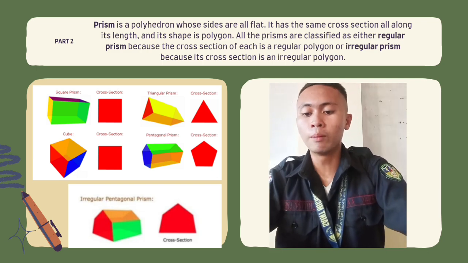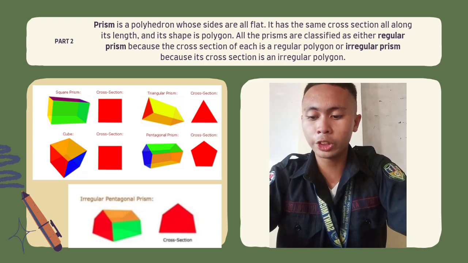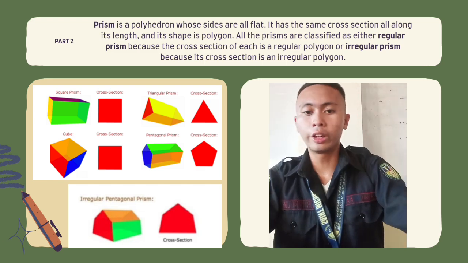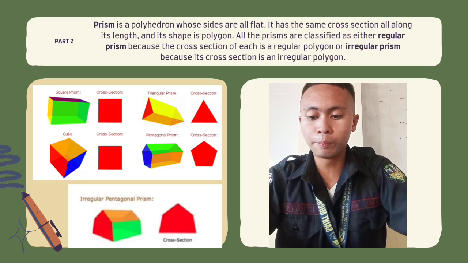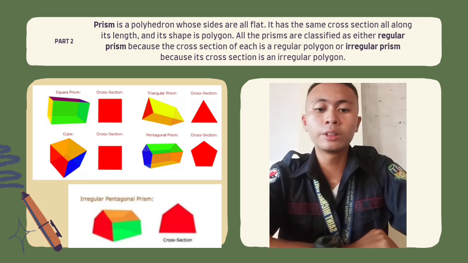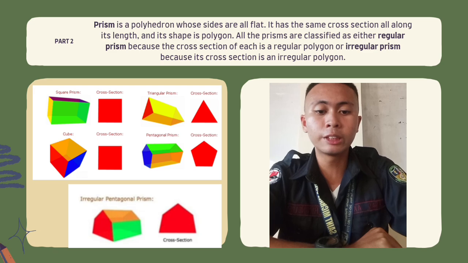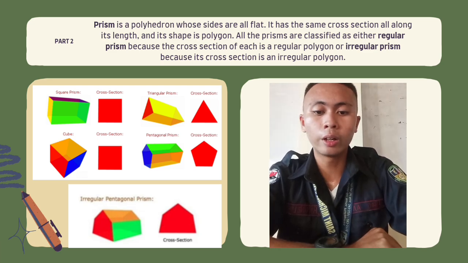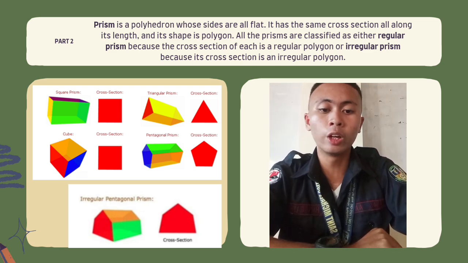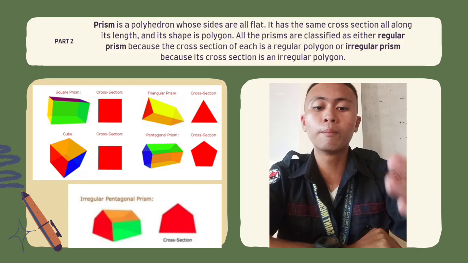Common examples of prism shapes are the rectangular prism and hexagonal prism. Prisms can also be classified as regular or irregular depending on the shape of the base.